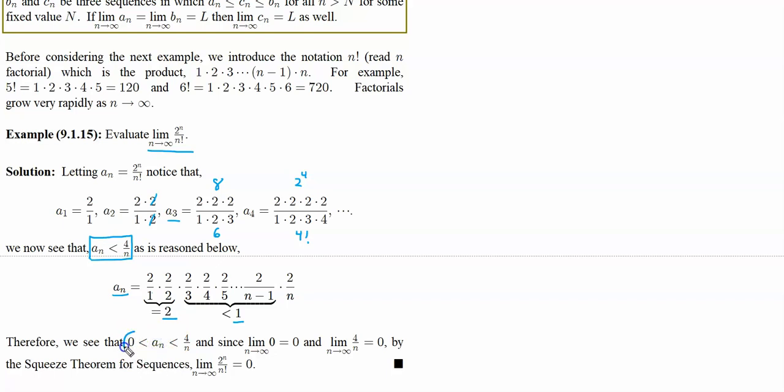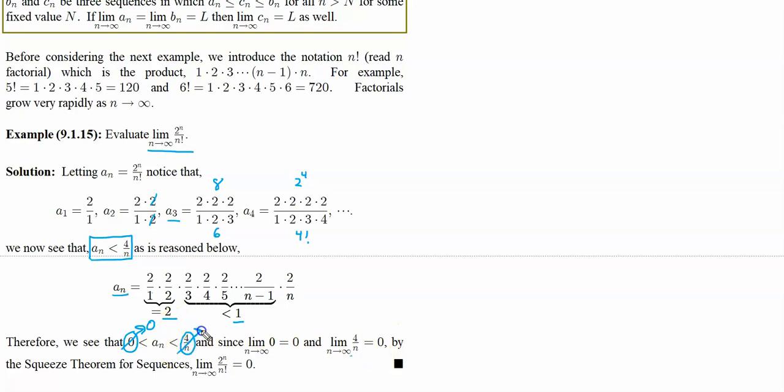Now, if we consider the limit of these two bounding sequences right here that bound the a sub n's, we see that the limit as n goes to infinity of 0, well, of course, that's 0. And as n goes to infinity, 4 over n goes to 0 as well. 4 divided by a really huge number is a very small number, so it's approaching 0.